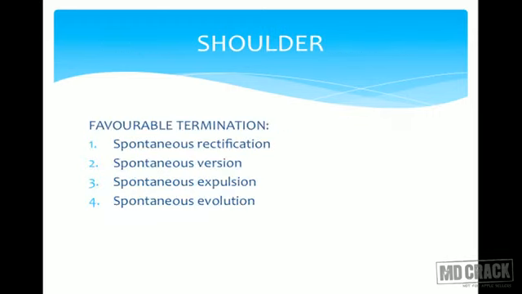There are many ways again to deliver. There can be spontaneous rectification, meaning as the contractions start, the baby can suddenly change to vertex, cephalic presentation. Or there can be spontaneous version, meaning the baby will change to breech presentation, and in this case we will deliver accordingly.